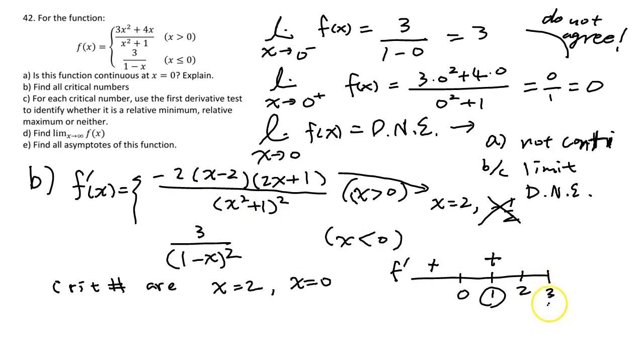After 2, if I put 3, 3 minus 2 is positive, and the rest is positive, but negative 2 is negative, so you end up with a minus here. So what do we have? The function is increasing, and then increasing again, and then decreasing.